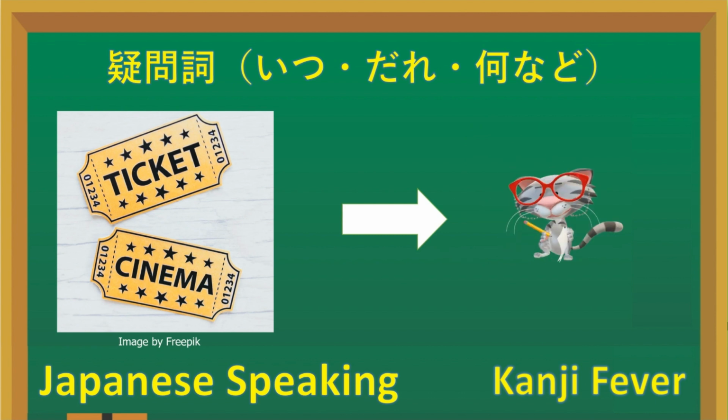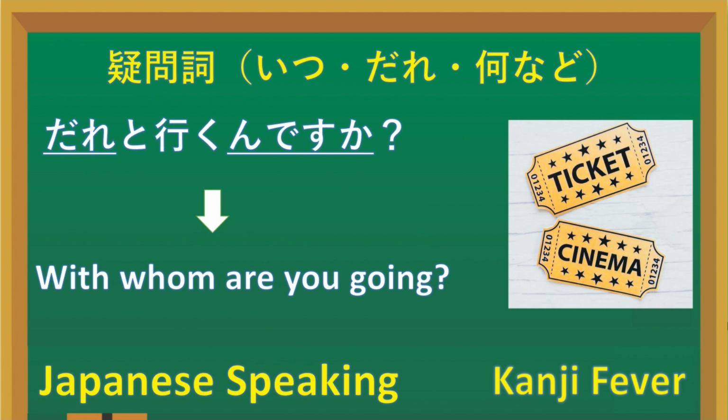So I think we can frame the question this way. Dare to ikun desu ka? With whom are you going? Dare means with whom and iku again is the dictionary form of to go. And desu ka, that is how we frame a question. So before that it must be a dictionary form. So dare to ikun desu ka? With whom are you going?